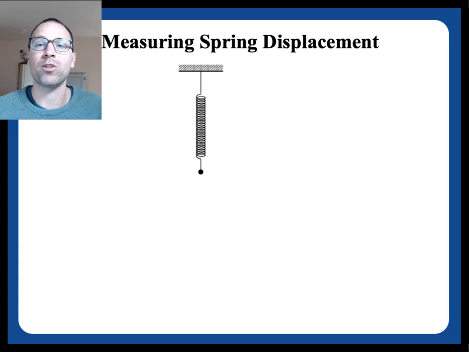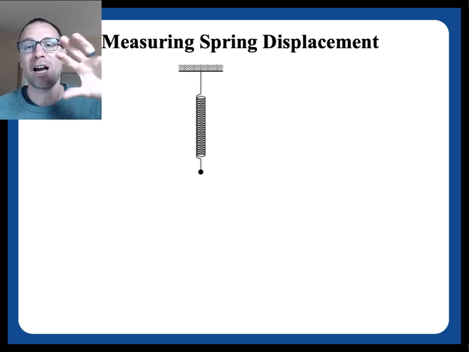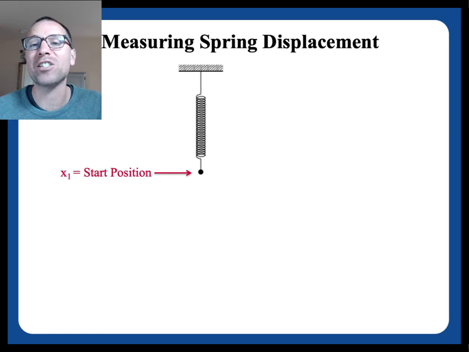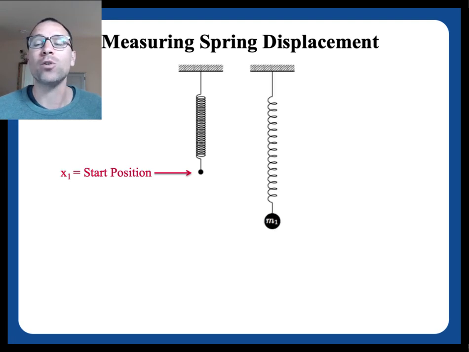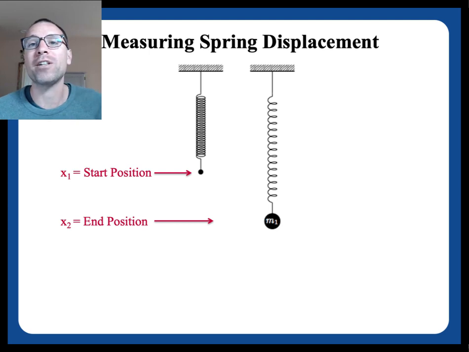What we do in the experiment is we hang a spring from the ceiling. We allow that spring to get to rest with no mass. We mark the start position, and we'll call that first variable x sub 1. So x sub 1 is the position of the movable end of the spring with no mass on it. Next thing we do is we hang an actual mass, we let it come to rest, and we mark the end position, and we call that end position x2.